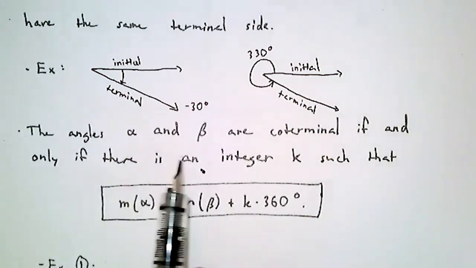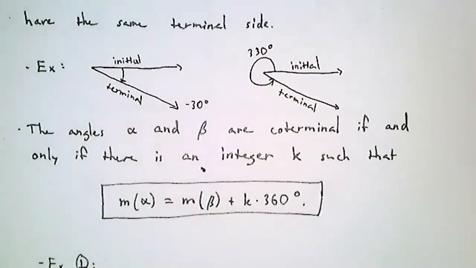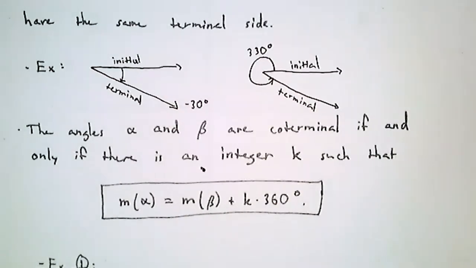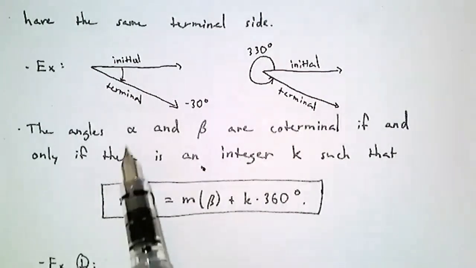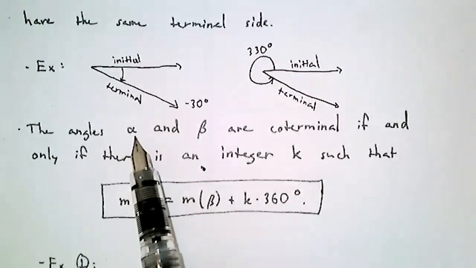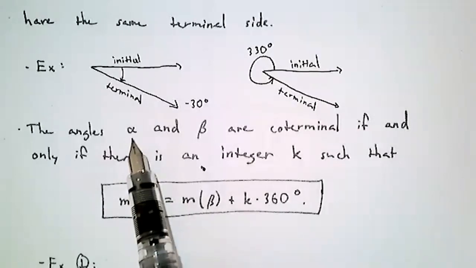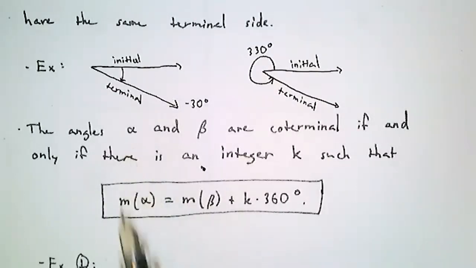The angles alpha and beta are coterminal if and only if there is an integer k such that this equation holds true. And let me explain what the M means. So remember, an angle we want to think about as two rays that share a vertex, share an endpoint.